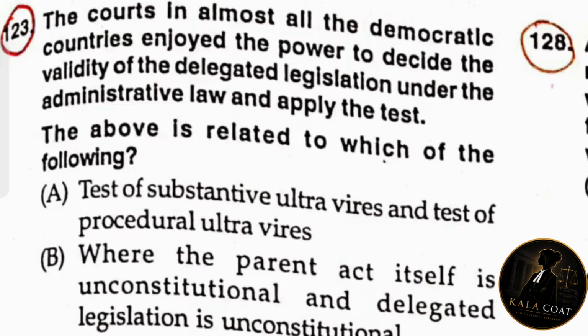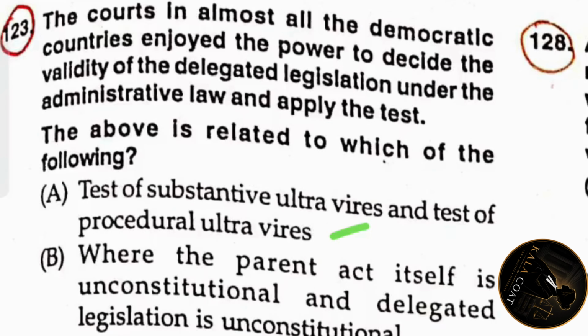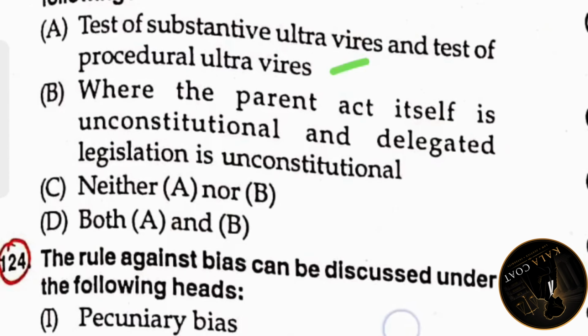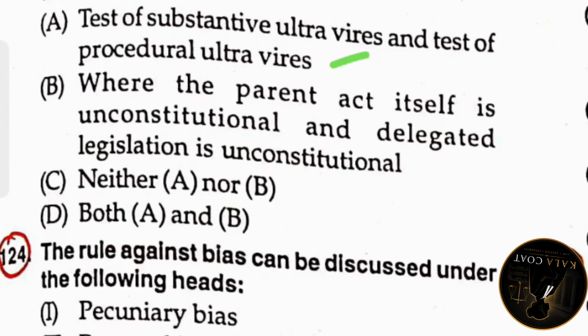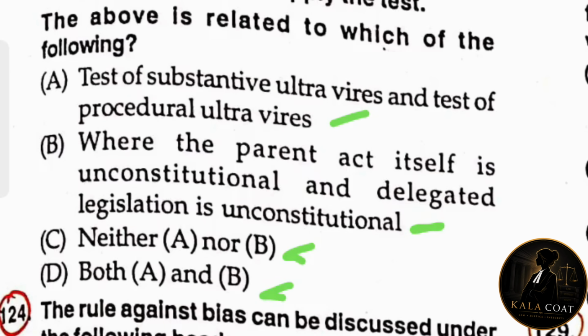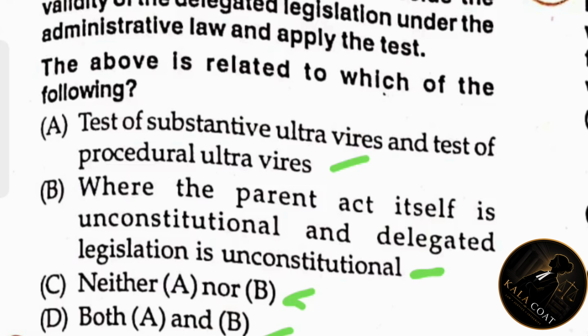Options are test of substantive ultra vires and test of procedural ultra vires, or where the parent act itself is unconstitutional and delegated legislation is unconstitutional, neither A nor B, or both A and B. Correct answer is test of substantive ultra vires and test of procedural ultra vires. Option A is the right answer.